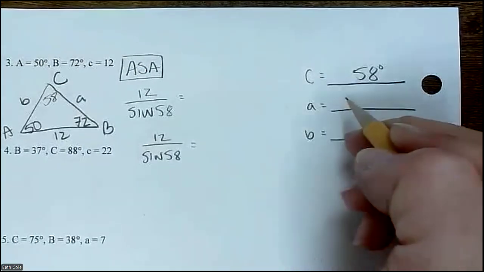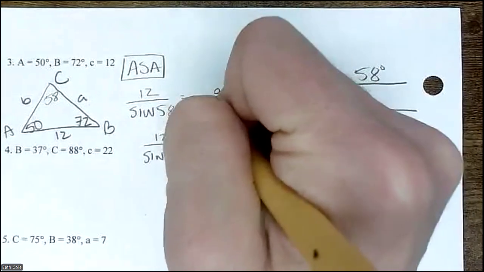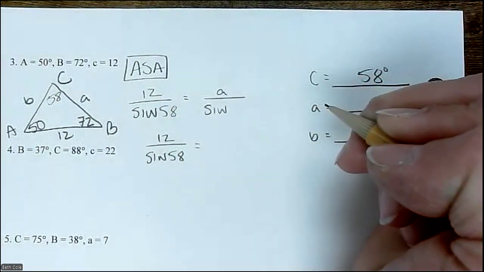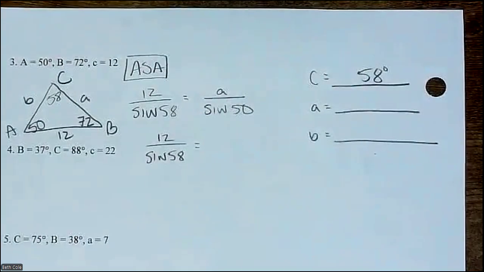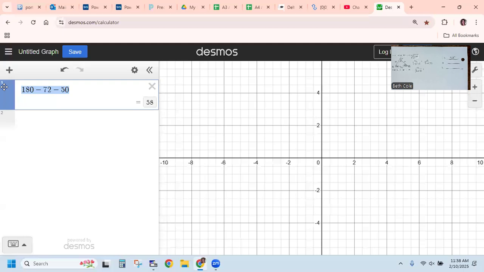So for the first one, we're looking for a first. So it'll be a over sine of whatever a is, which is 50. And so I am going to type 12 sine 50 divided by sine 58. 10.839. You guys will get practice typing this when you do your classwork.